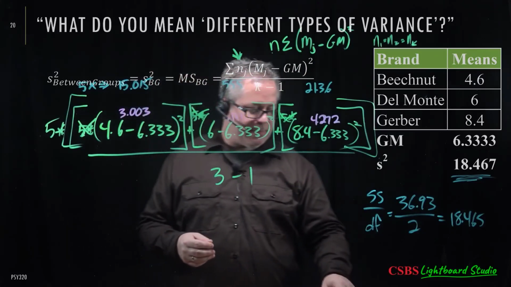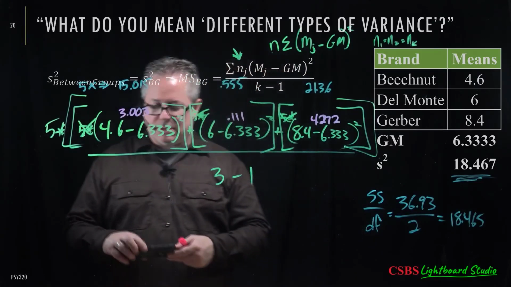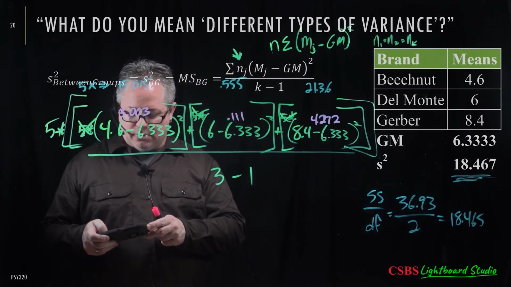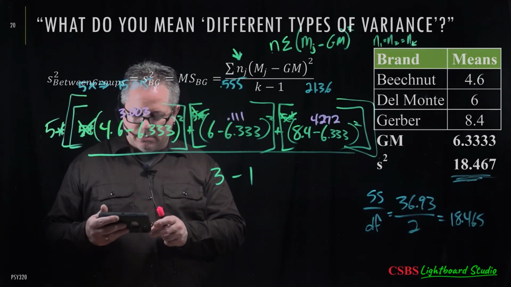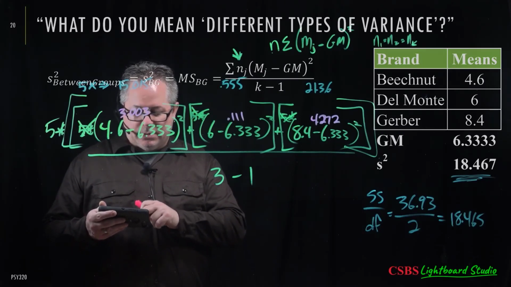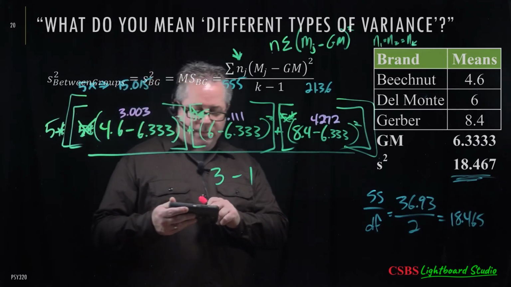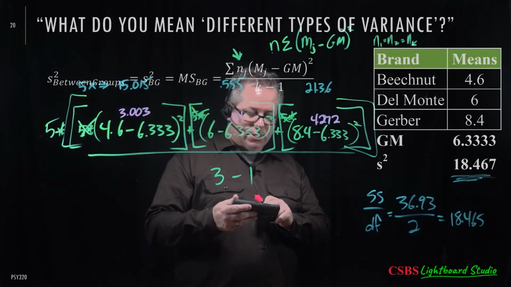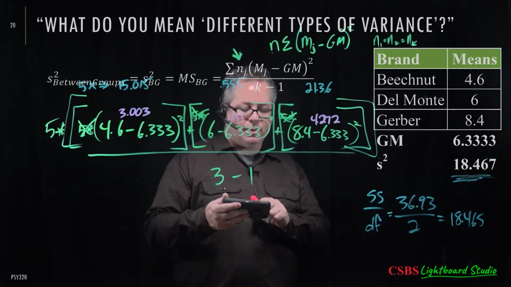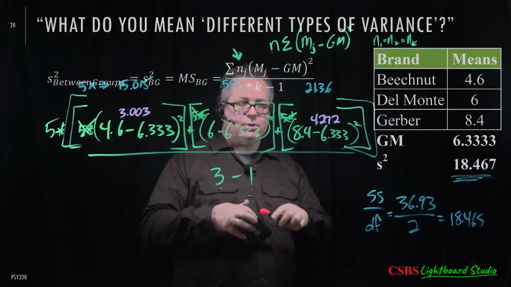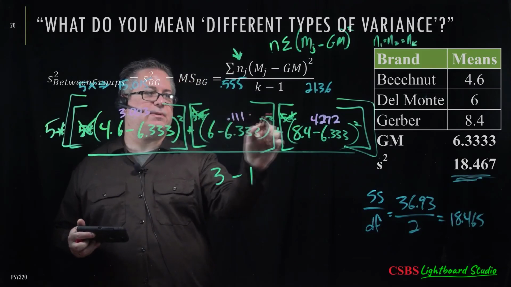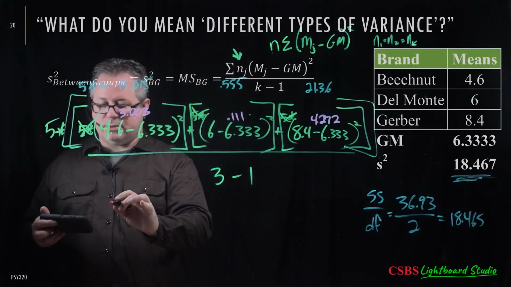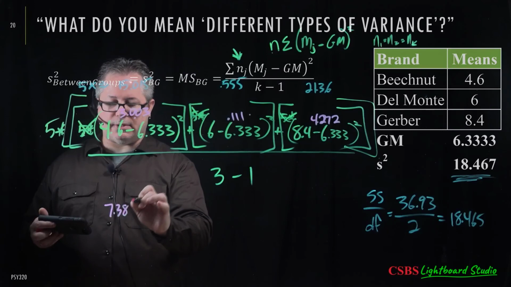So 3.003 plus 0.111 plus 4.272 equals 7.386.